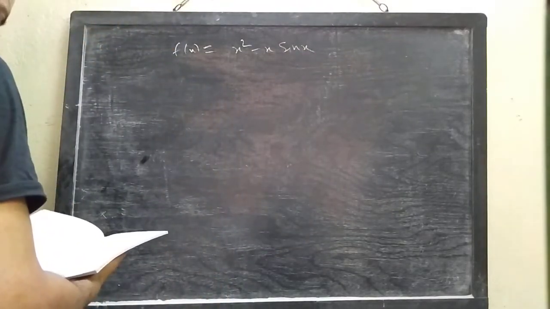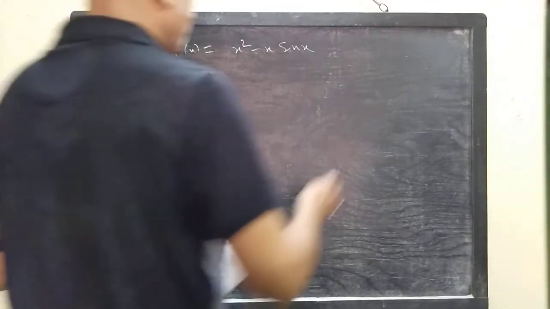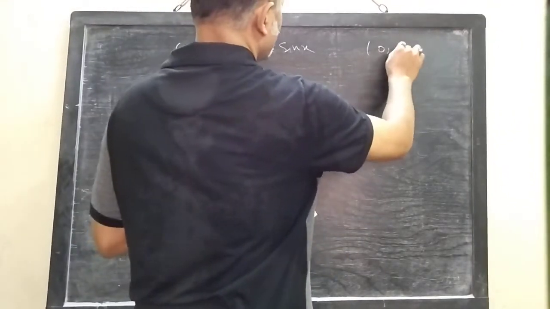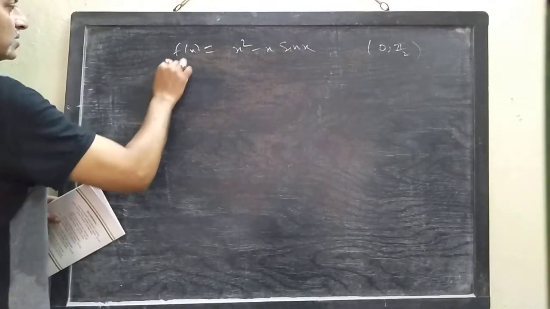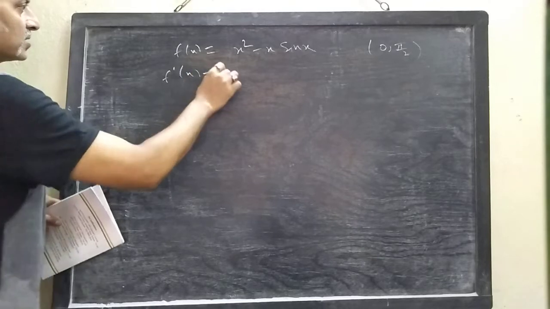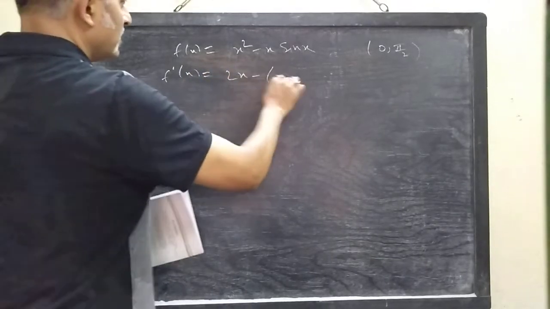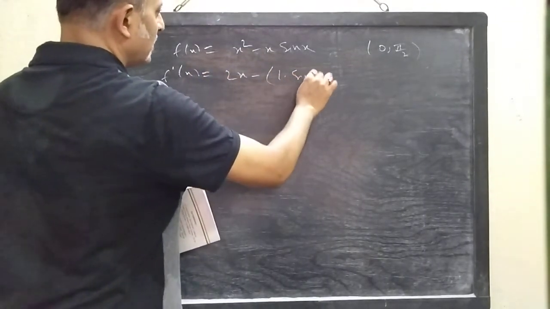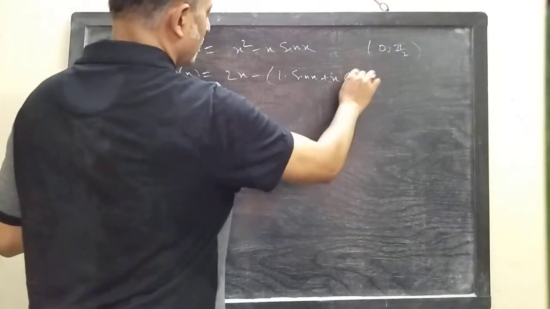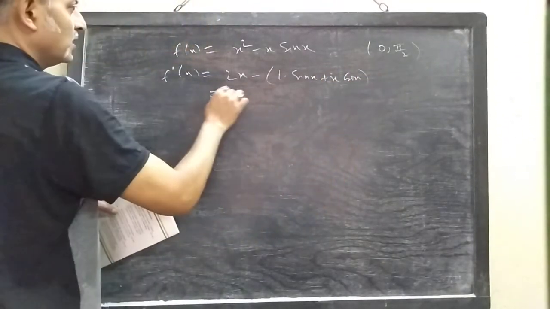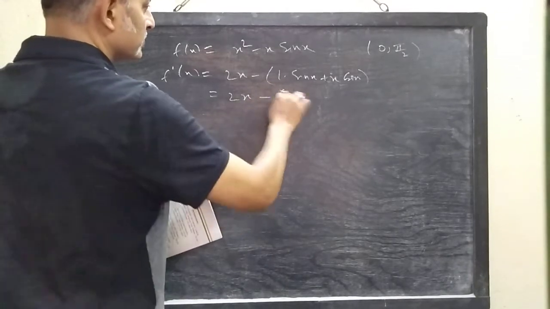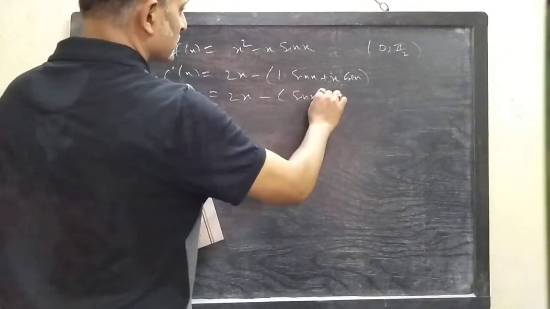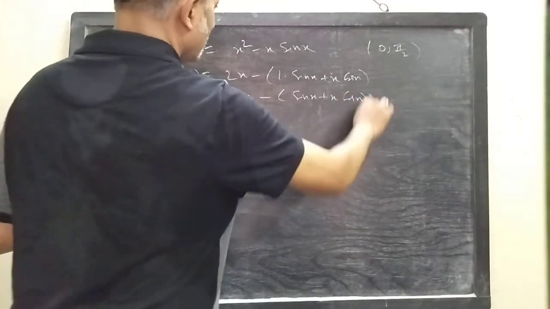You have to show this is an increasing function in the interval 0 to pi by 2. For this, get its derivative f dash x. This is 2x minus 1 into sin x plus x into cos x. This will become 2x minus sin x plus x cos x.